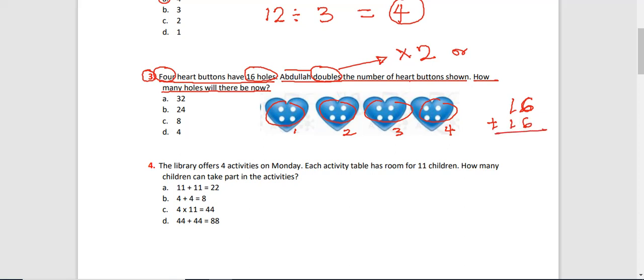Same number 2 times. So let's add. 6 plus 6 is 12. I write 2 and take the remaining one up. 1 plus 1 plus 1 is 3. So there will be a total of 32.